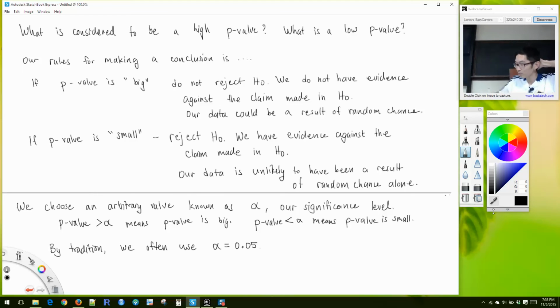It's kind of, for better or worse, become the value necessary to get papers published in lots of journals. You need a p-value less than 0.05. There's nothing magical about this number. It is an arbitrarily chosen number.